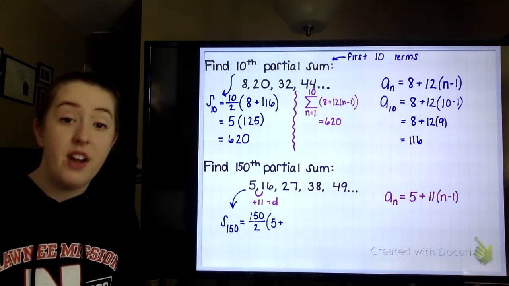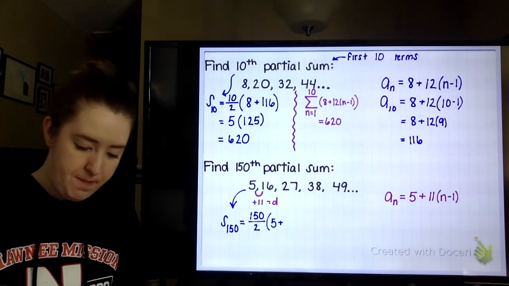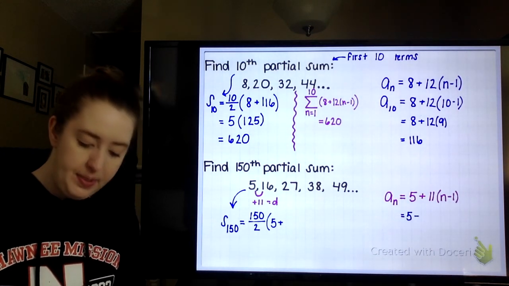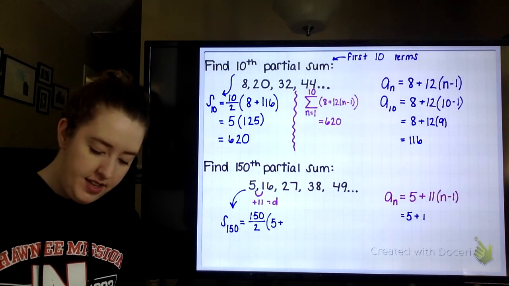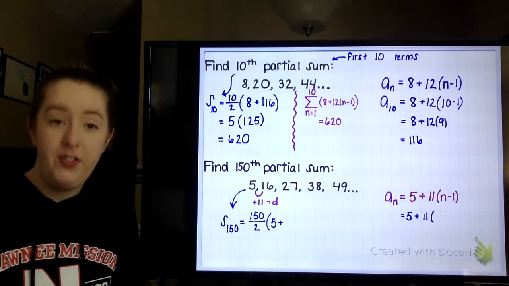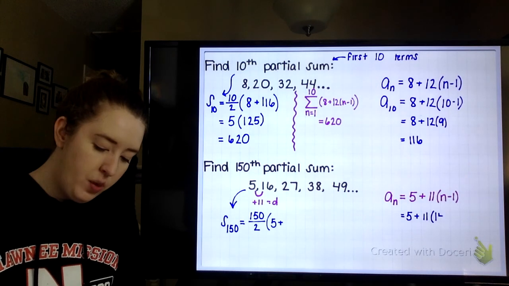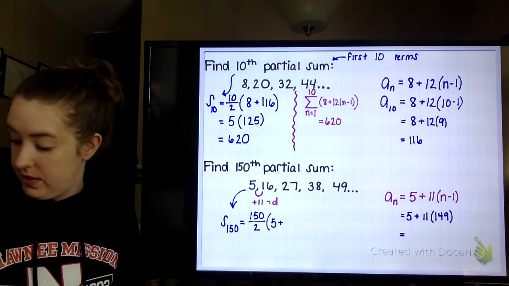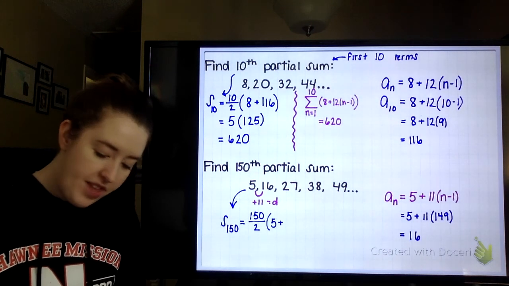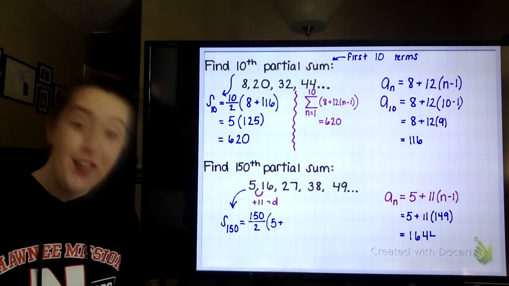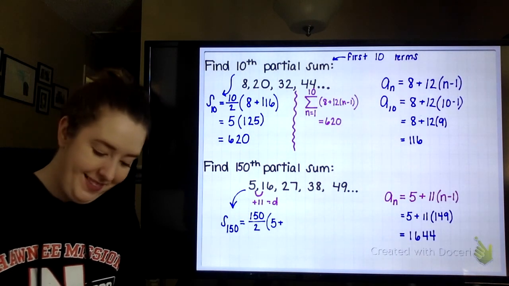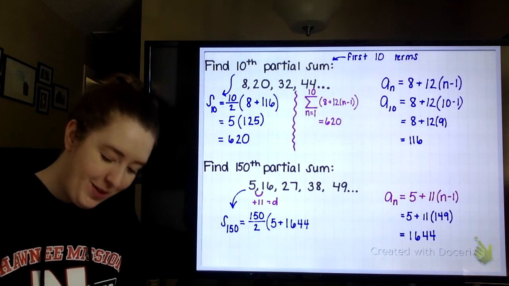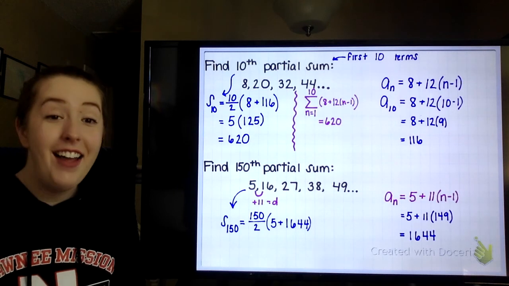And now I need to figure out what was my 150th term. So I'll take 5 plus 11 times, and then 150 minus 1 is 149. Oh my goodness, I so don't. That's 1,644. So 1,644.